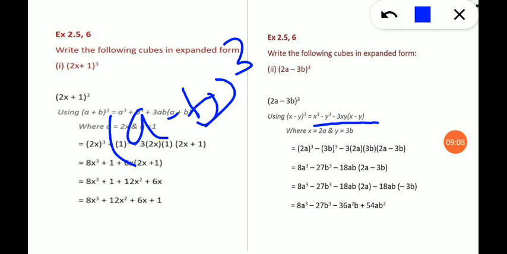Remember students, in this formula we have all the signs negative. In the previous formula we have only positive sign, but in this formula we have negative sign. And after substituting the values and solving in the same way, we will get the answer as 8a cube minus 27b cube minus 36a square b plus 54ab square.